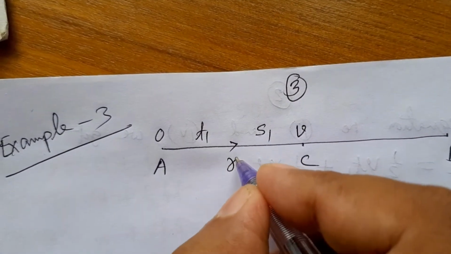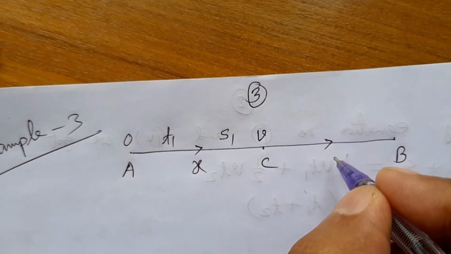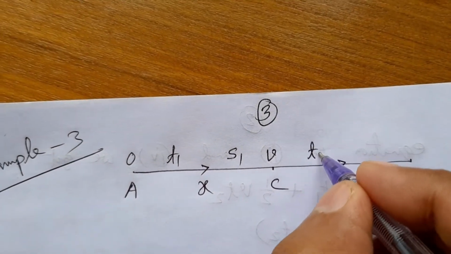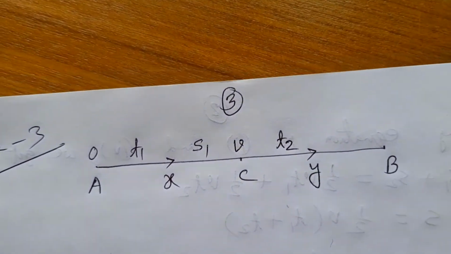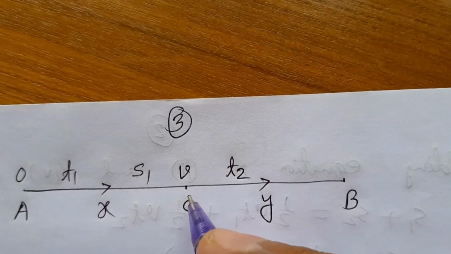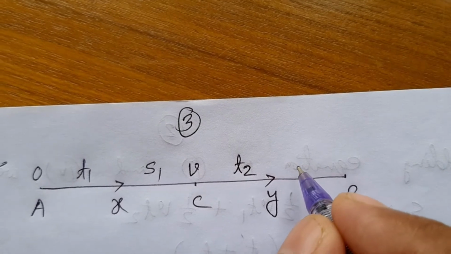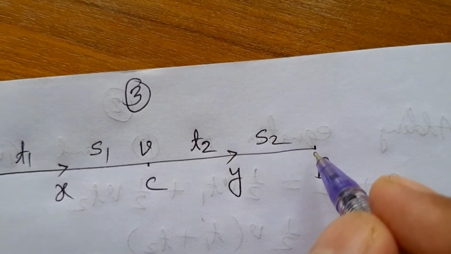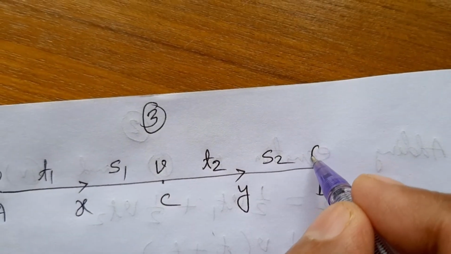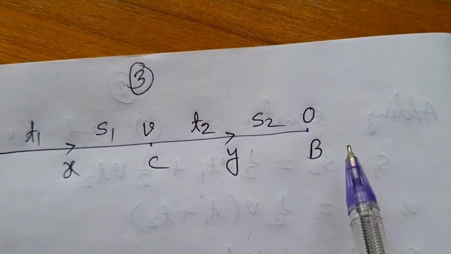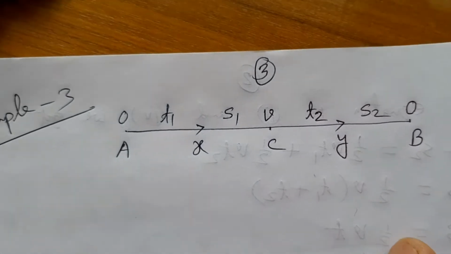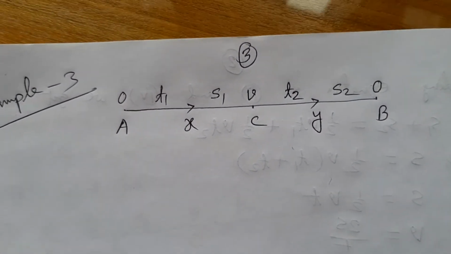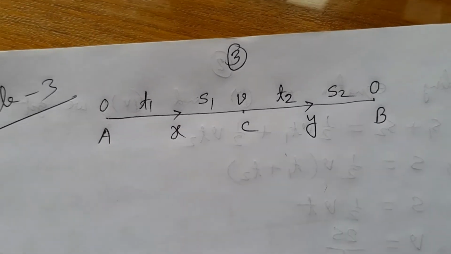Here acceleration is x, and in the second part here is retardation y, and here we consider that required time from C to B is t2 and covering distance s2. It reaches point B and it comes to rest. That means its final velocity is 0. So the description of this figure is similar to previous math.